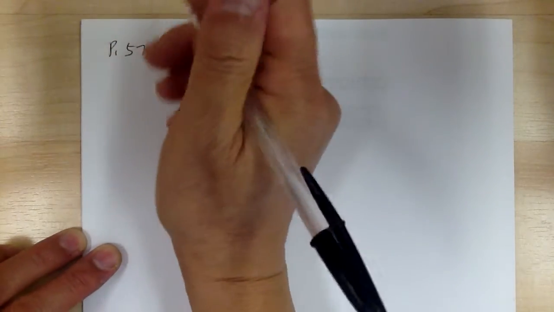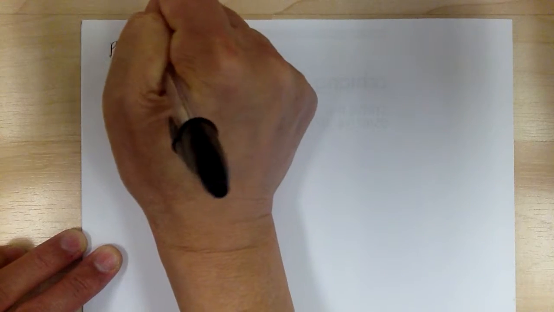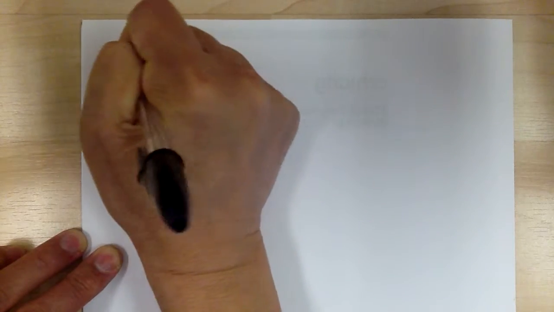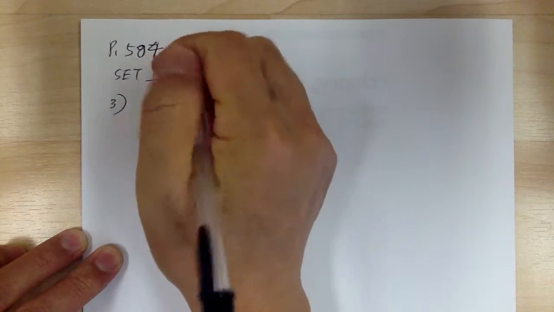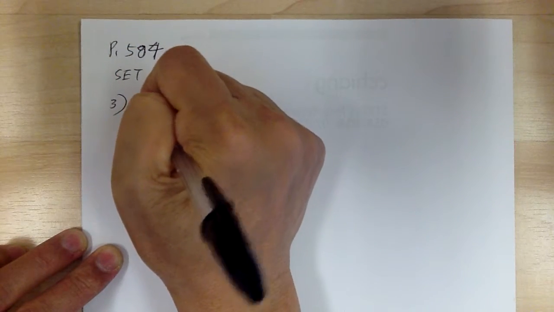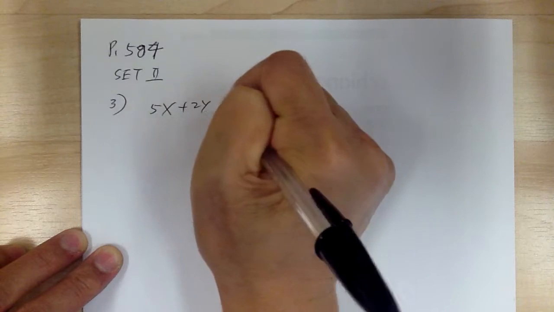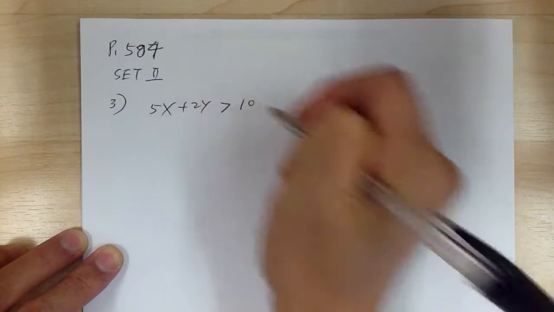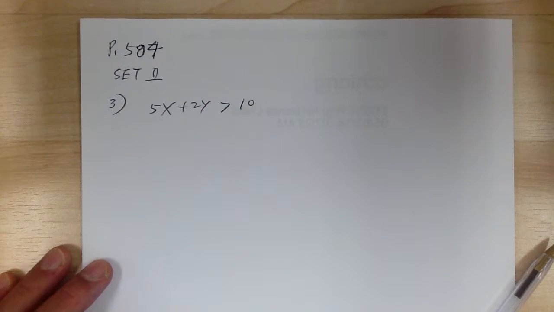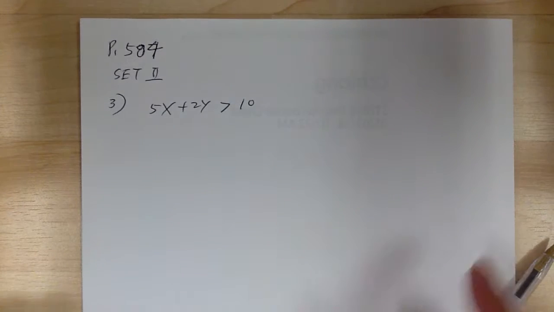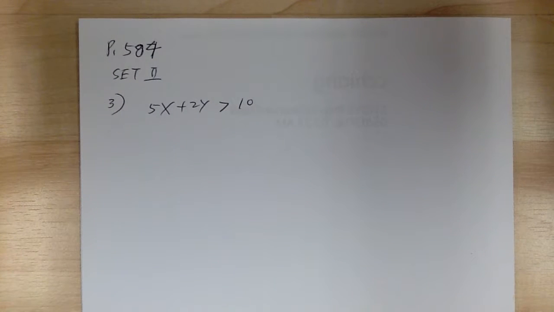Let's go to page 584 and set 2 as an example, and let's start with number 3. You've got 5x plus 2y is greater than 10. First, just like when you're doing regular graphing, you need to choose your points so you can make a line.